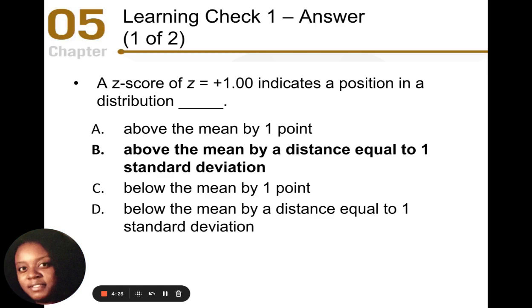And the correct answer is going to be B, because that's what a z-score does. It tells us the distance that's equal to the standard deviation, how much something falls above or below the mean.